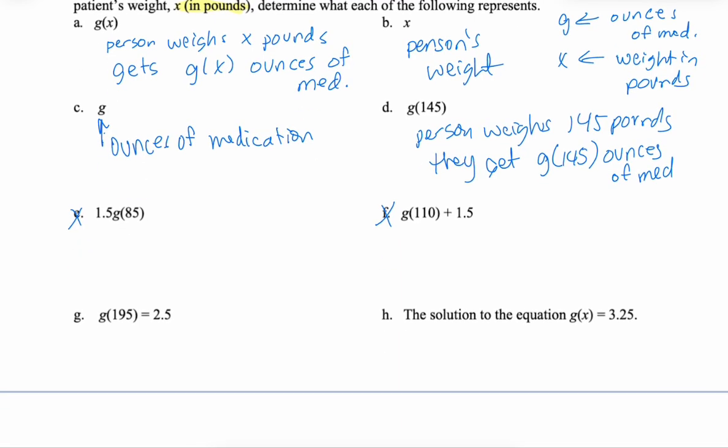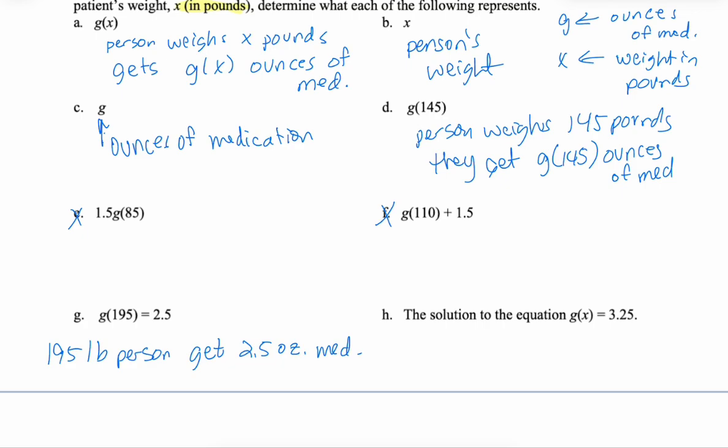So if you look at G, a 195-pound person gets 2.5 ounces of medication. That tells us a lot of information. Yes, they didn't give us a formula for it, but they have calculated it for us. So that's super important.